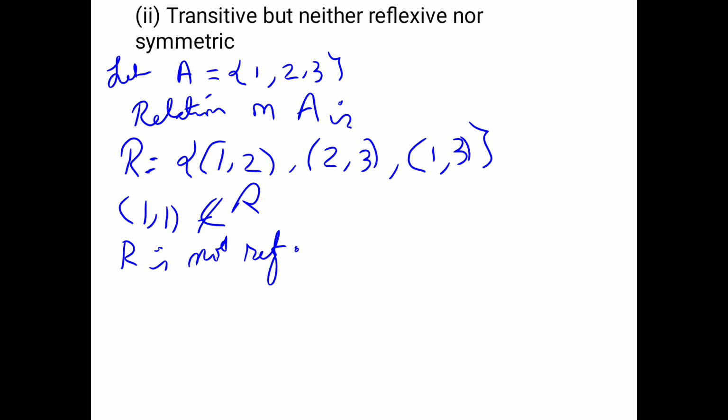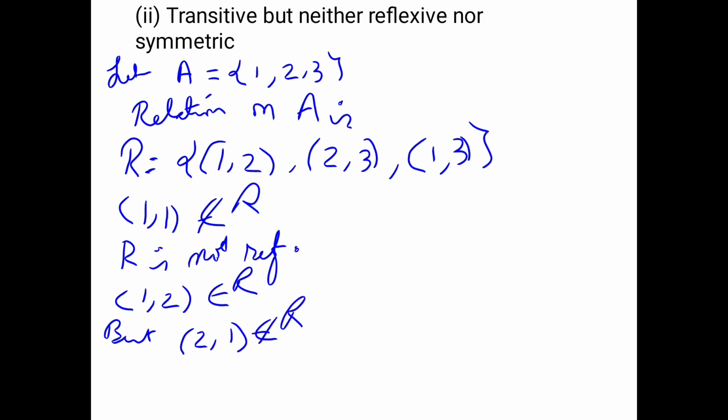For symmetric: 1 is related to 2 but 2 is not related to 1. The first element is related to the second element, but the second is not related to the first, so R is not symmetric.